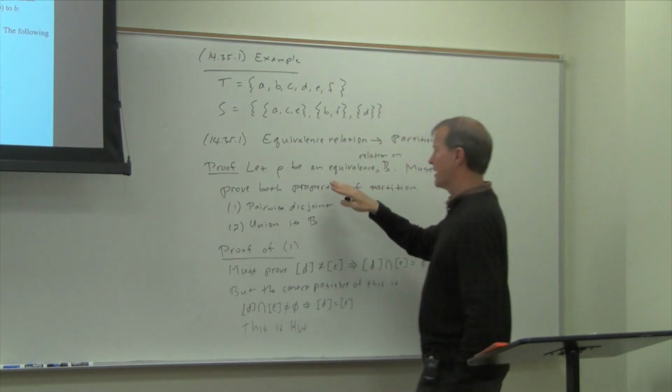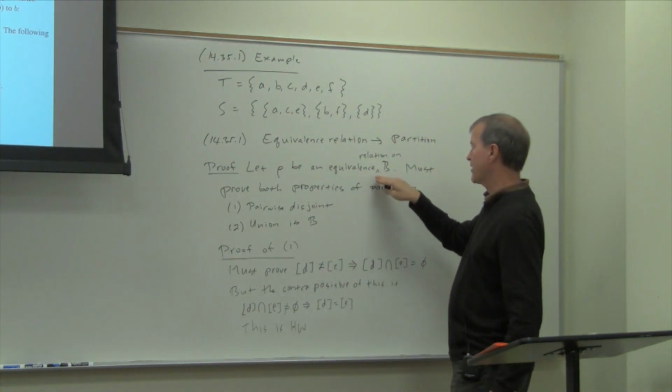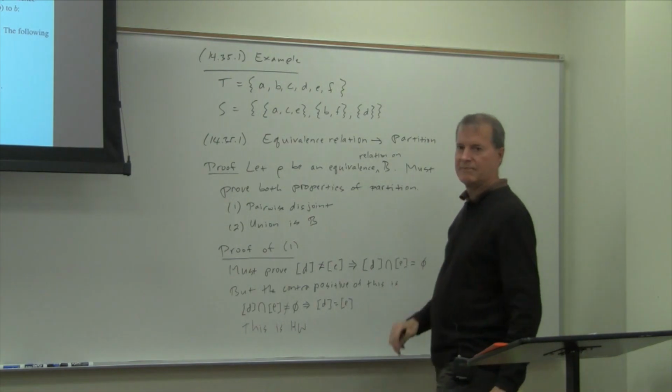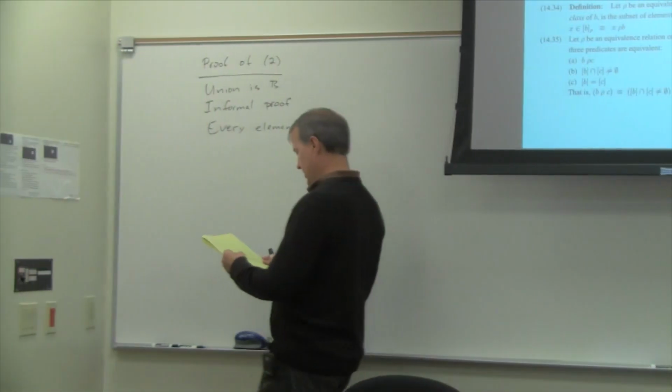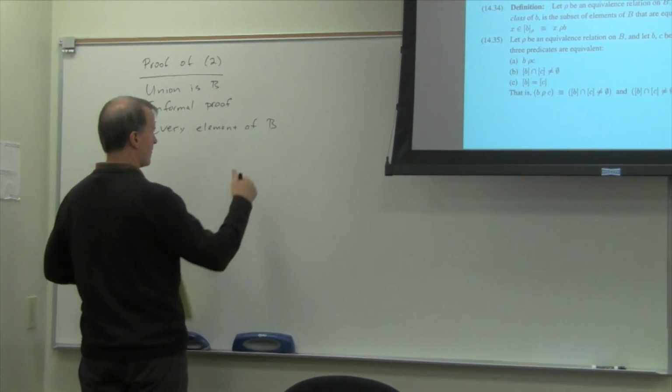Let rho be an equivalence relation on B. Now what we're saying is every element of B is in at least one equivalence class.